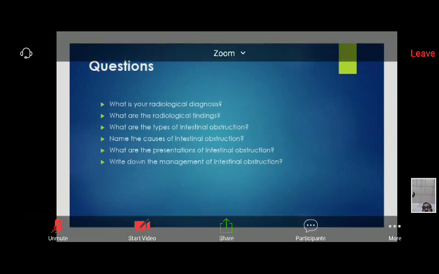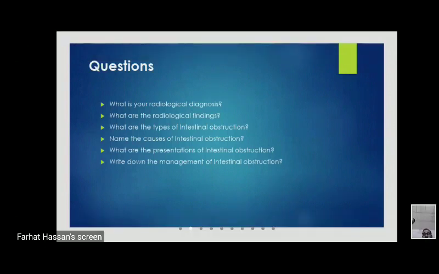So what is the incision of choice for that case? What type of incision do you prefer for surgical intervention in case of intestinal obstruction?